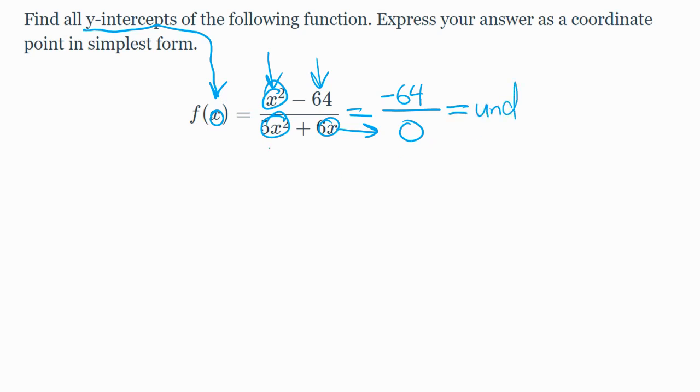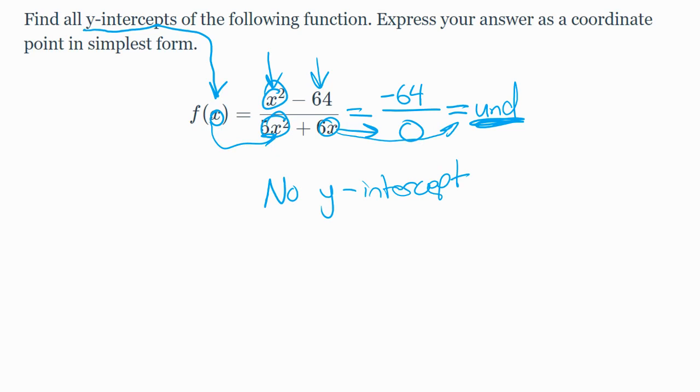This will actually result in a vertical asymptote scenario for this particular function. Now, if this is undefined, what we say is that there is no y-intercept. Because when I tried to plug in 0, I got an undefined result, which means the function is not defined there. There will not be a coordinate value on the y-axis.